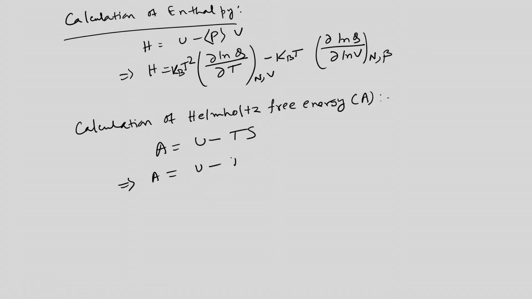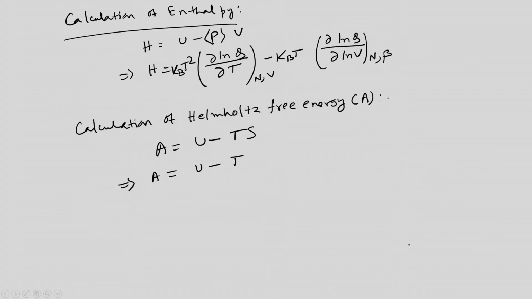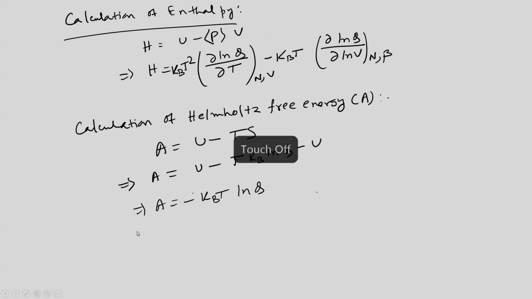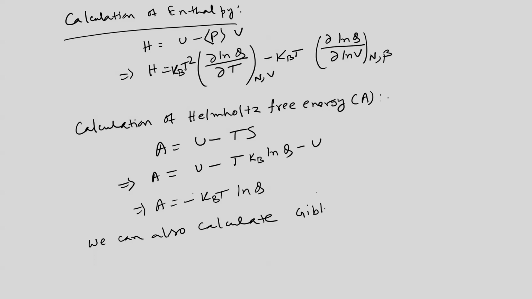U minus T times the value of S, which is Kb ln Q plus U by T. So, we get A is minus Kb T ln Q. Similarly, we can also calculate the Gibbs free energy.